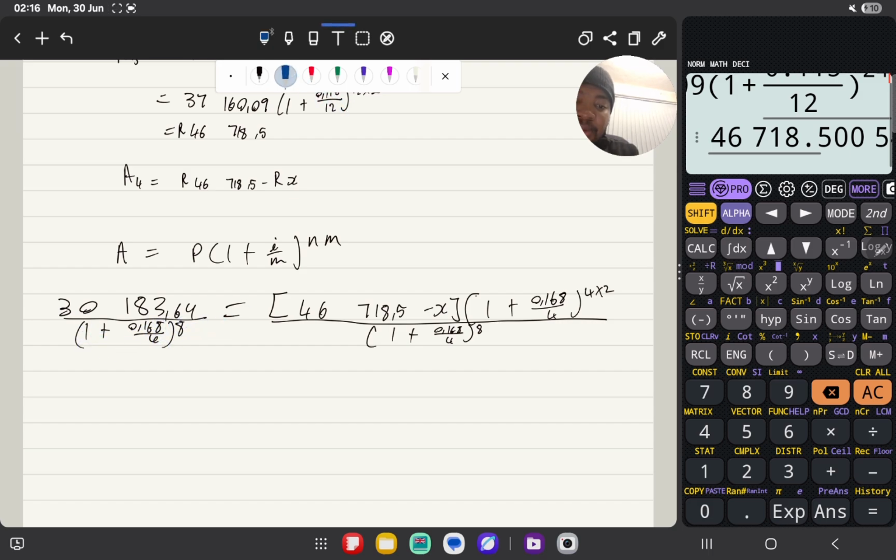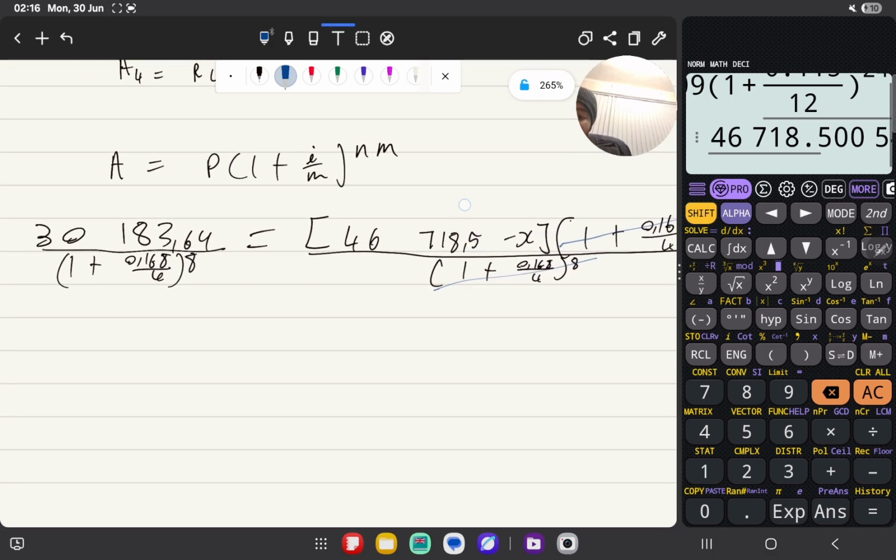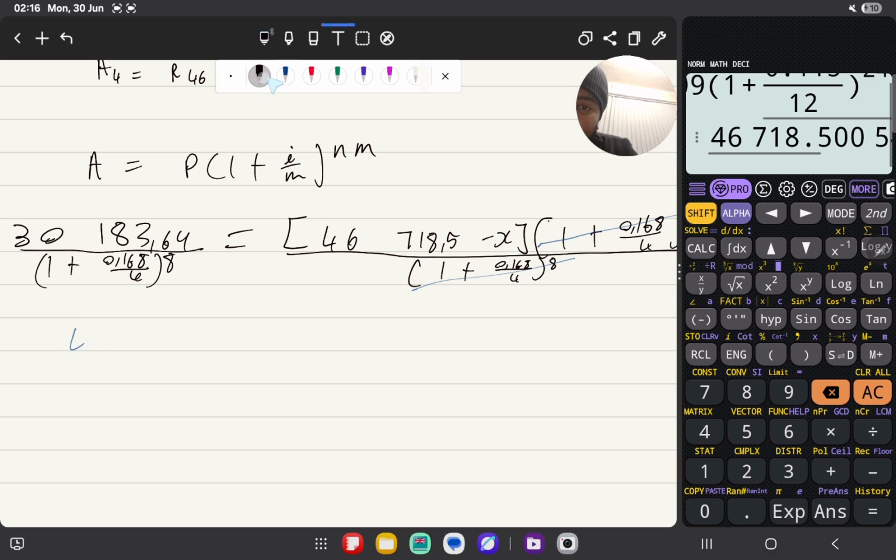Now we have 46,718.5 minus X equals 30,183.64 divided by 1.16848.